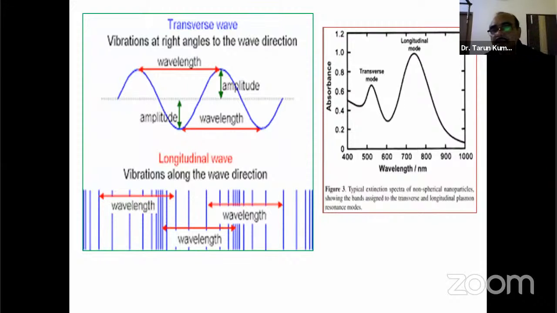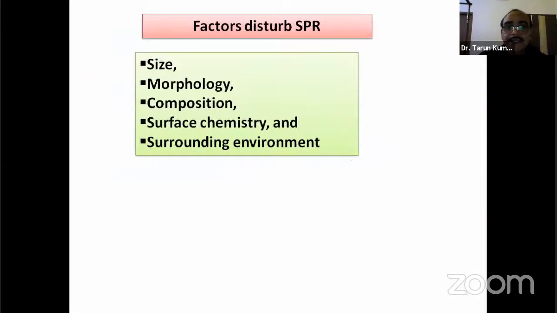If it is transverse, it appears at the lower wavelength, and if it is longitudinal, it appears at the higher wavelength. So these are different modes of vibration. This is actually for different shapes; for different shapes you get different types of vibration waves and absorption in different areas.